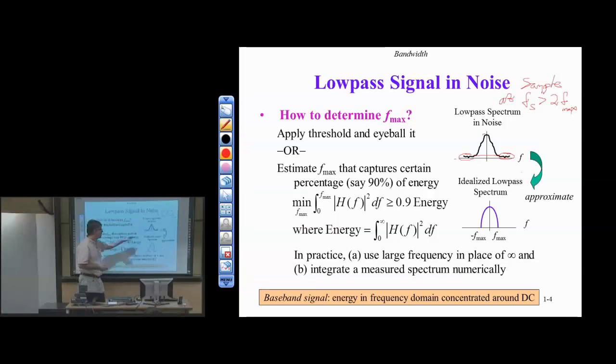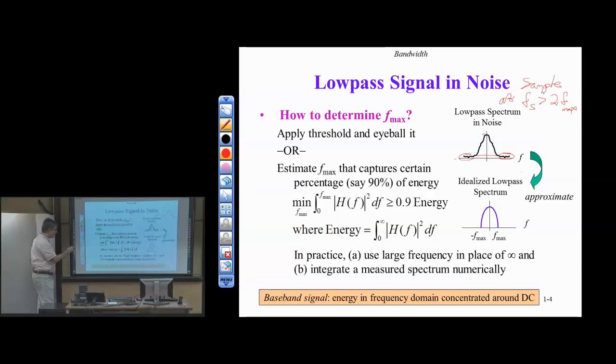If the amplitude in my spectrum is less than a certain value, we're just going to call it 0. We're going to say it's negligible and truncate it. So you have to pick a value above the noise floor. This noise is roughly constant over all frequencies, the noise spectrum.